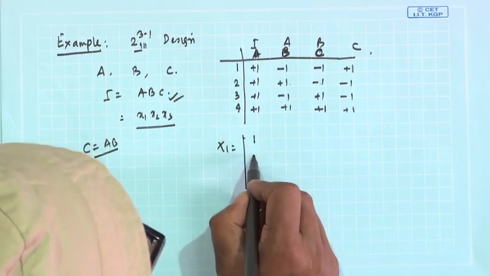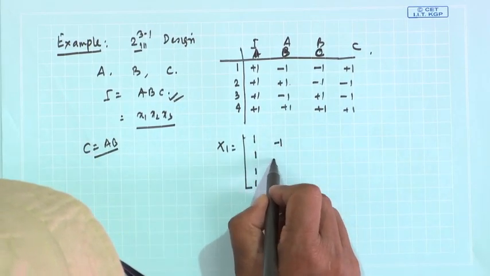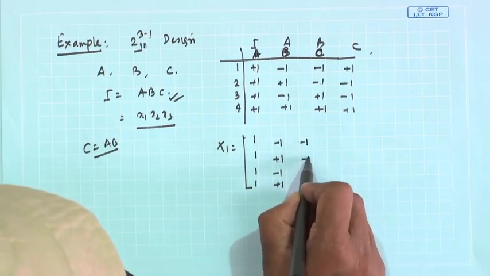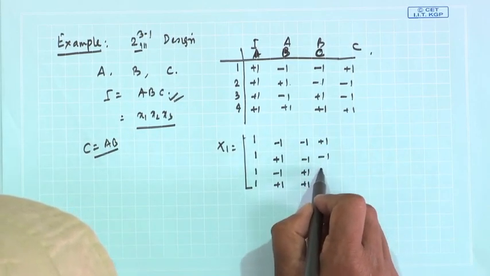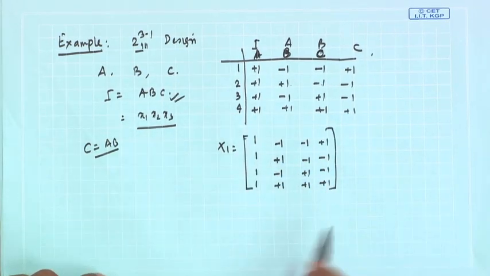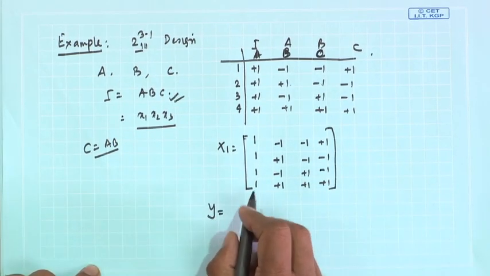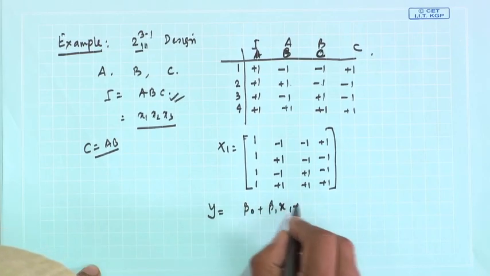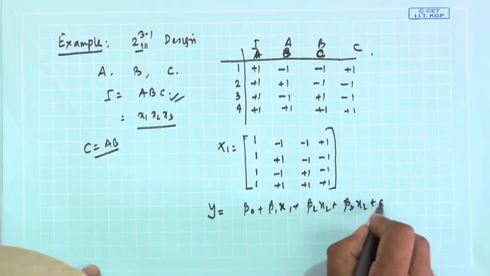x1 is 1 1 1 1, then minus 1 plus 1 minus 1 plus 1, then minus 1 minus 1 plus 1 plus 1, then plus 1 minus 1 minus 1 plus 1. This is my x1, and let the corresponding regression model be y equal to beta 0 plus beta 1 x1 plus beta 2 x2 plus beta 3 x3 plus epsilon.